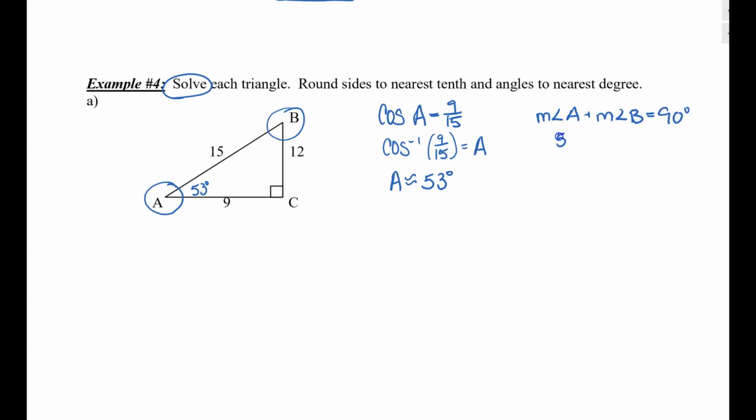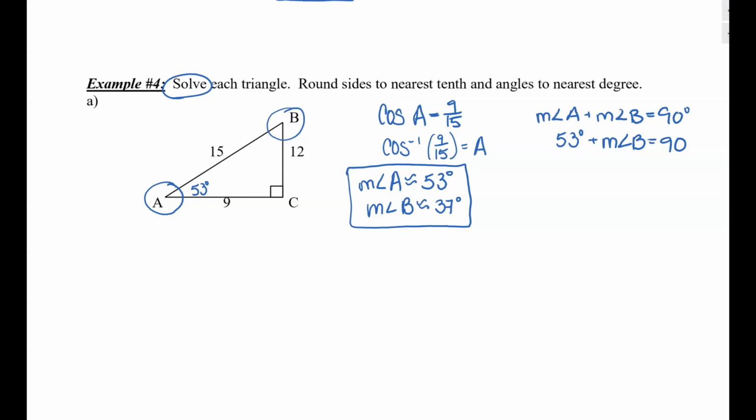I know that angle A is approximately 53 degrees. So then I can conclude that the measure of angle B is approximately 37. And the reason you have to say approximately is because you used angle A to determine angle B. Angle A is already approximated, so keep it consistent.